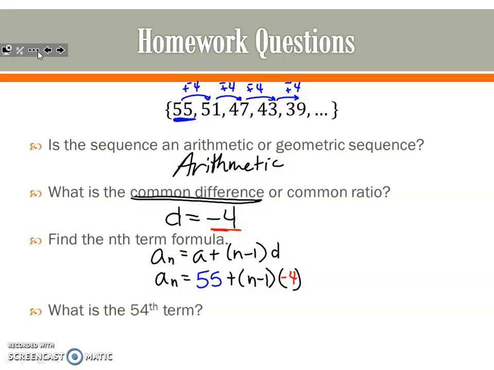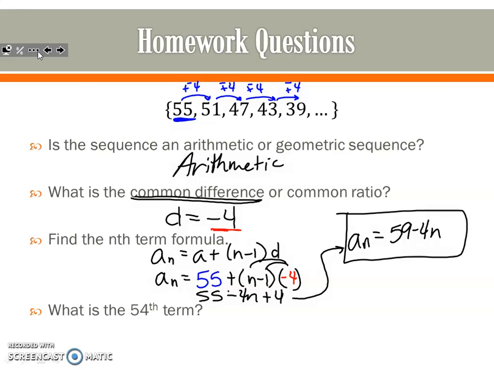So I'm going to distribute: 55 minus 4n plus 4. Combine my like terms. a sub n equals 59 minus 4n. Okay, there is my nth term.